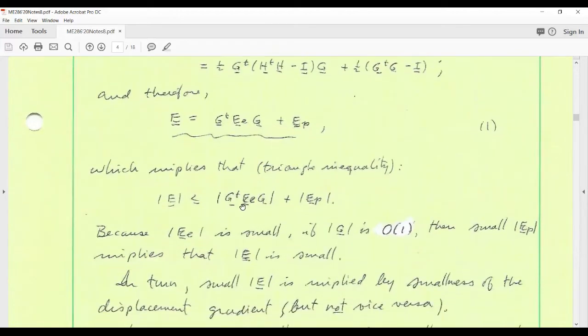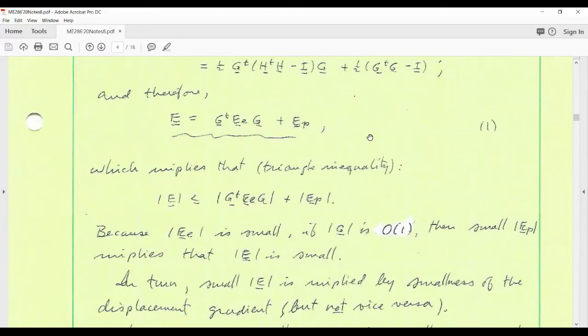Well, the norm of the elastic strain is always very small in practice for metal. So if G is of order 1 in magnitude, right? For example, the case of no plastic strain would be G is orthogonal, and an orthogonal tensor has a norm of, I think, square root of 3 or something like that.